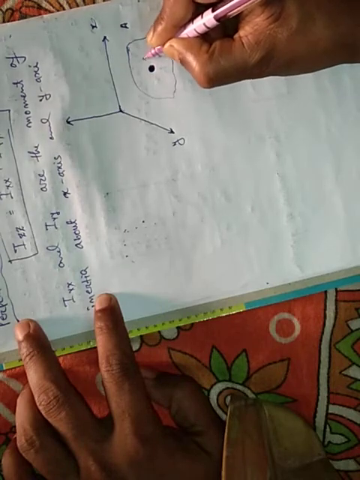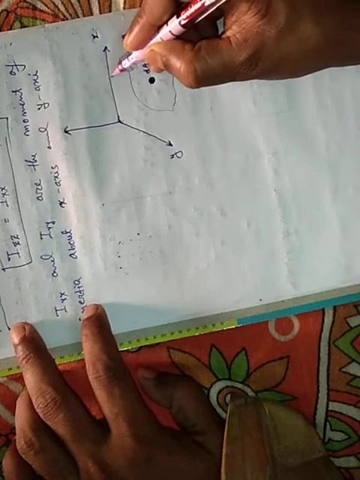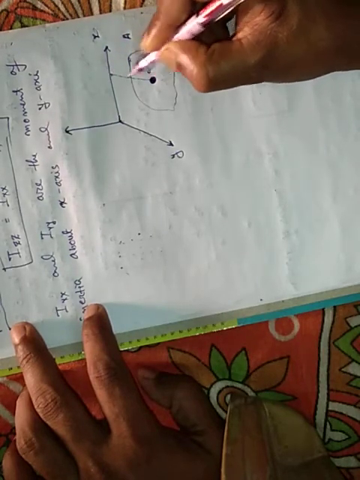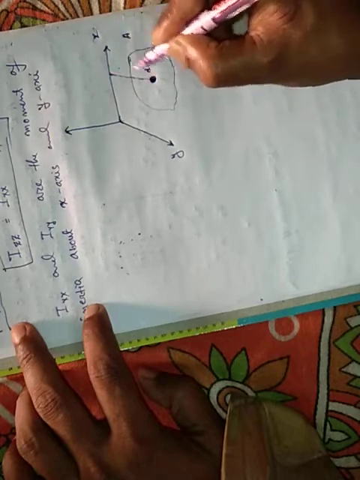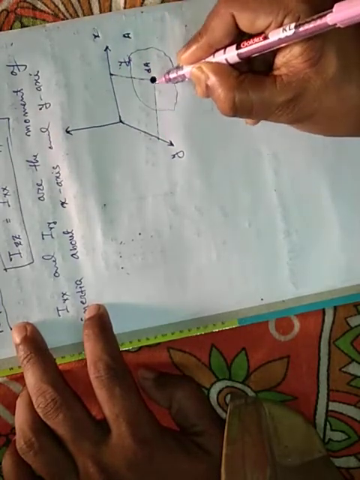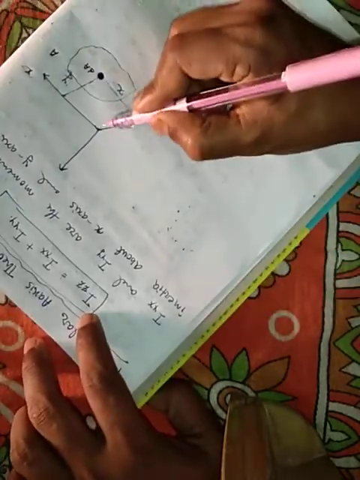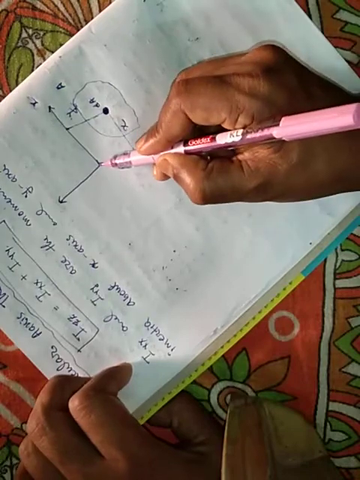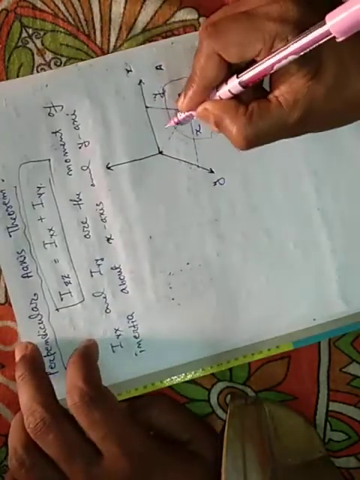This is the small area dA, and its perpendicular distance from the x-axis is y, and from the y-axis is x, and its distance from the intersection point is, say, r.